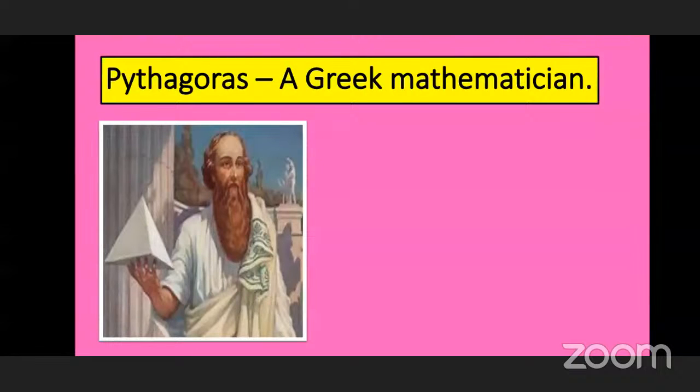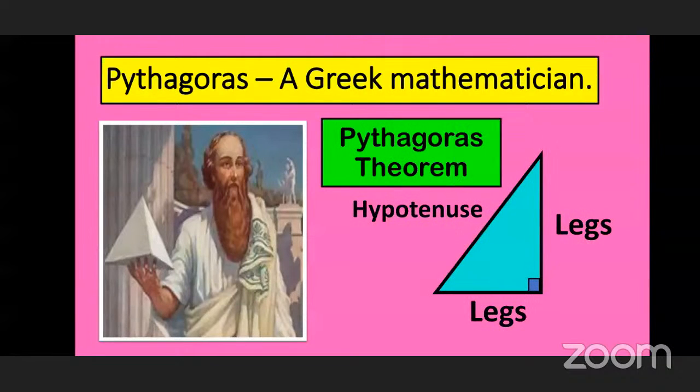He discovered a lot of things. His method of teaching was also very popular, and the relationship he discovered between the hypotenuse and the two different sides of the right angled triangle is known as Pythagoras theorem.